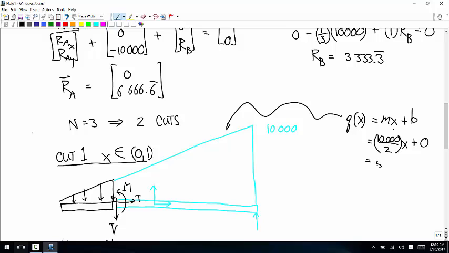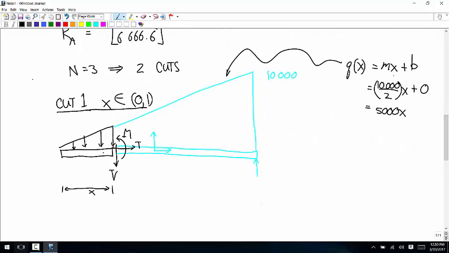Our Q function is 5,000x. And that means that since the right end of this piece is represented by x, the height here is 5,000x. That's the height of the distributed load at the end of our piece.